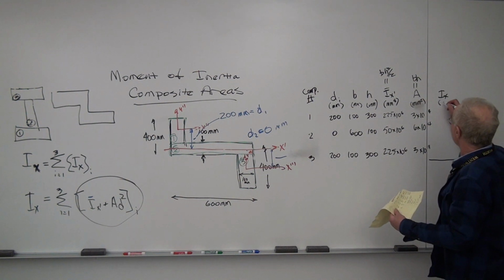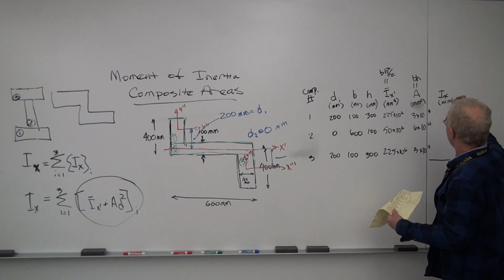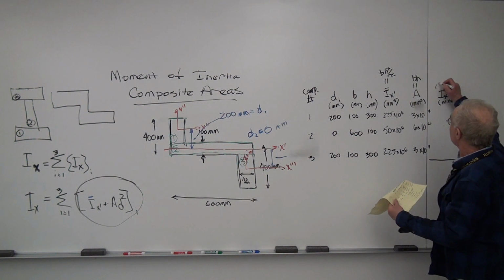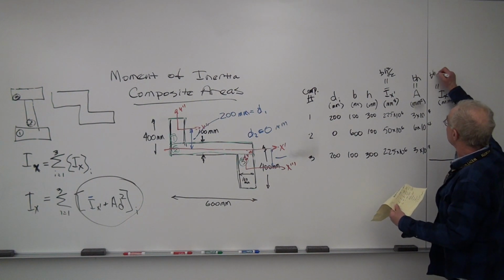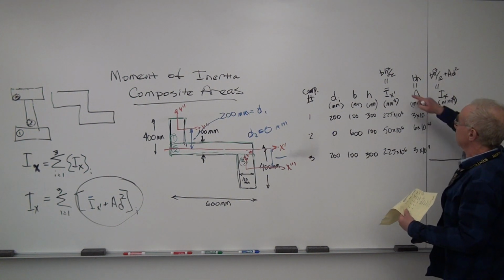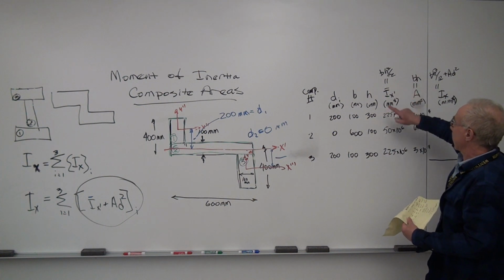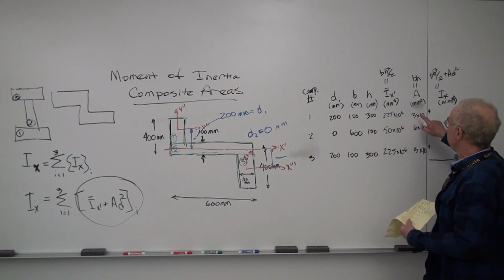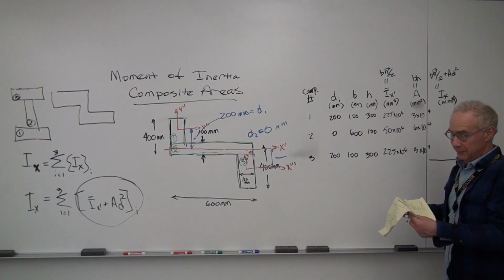So this has units of millimeters to the fourth power, and this equals BH cubed over 12 plus AD squared. So I take this value, and then I add it to the product of this one squared times that one, and that'll give our value here.